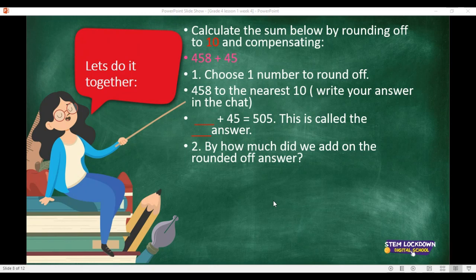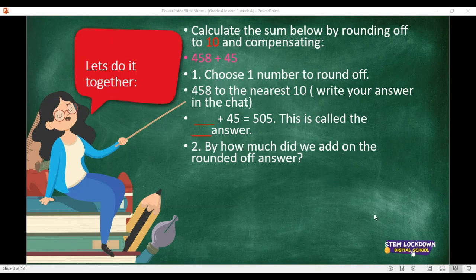Just wrapping up. For those whose videos were frozen, we are still rounding off and compensating to 10, and we are supposed to do this together. Remember, the rule is we round off either one of the numbers.